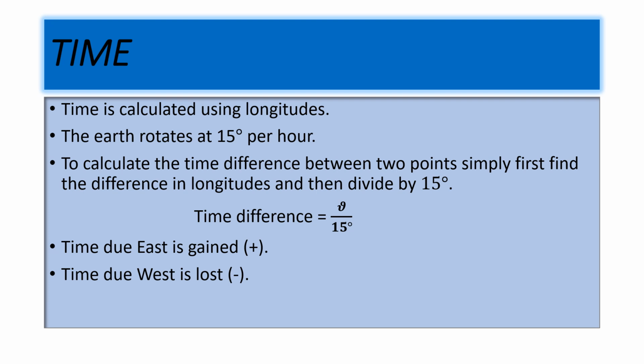But if the two places or points lie on the same longitude, the time will be the same. So time is calculated using longitudes because longitudes determine the difference in time.